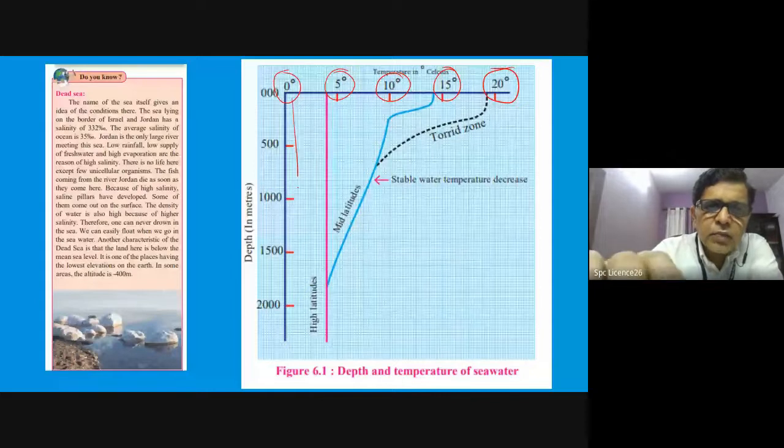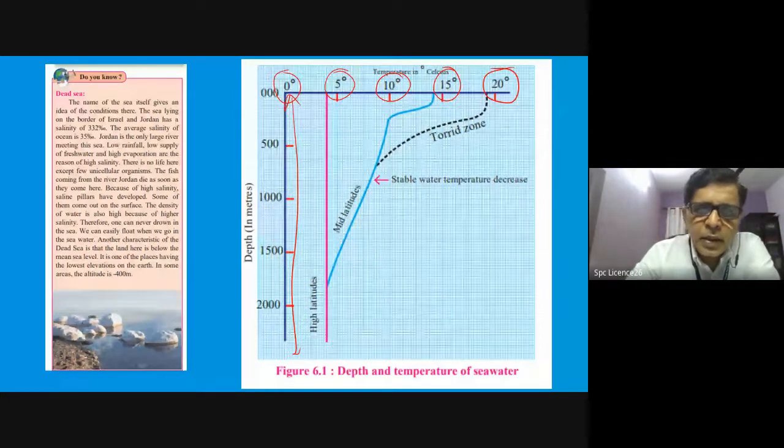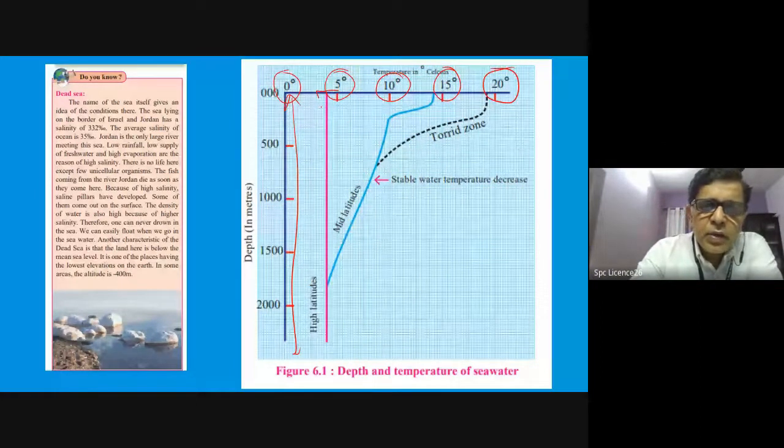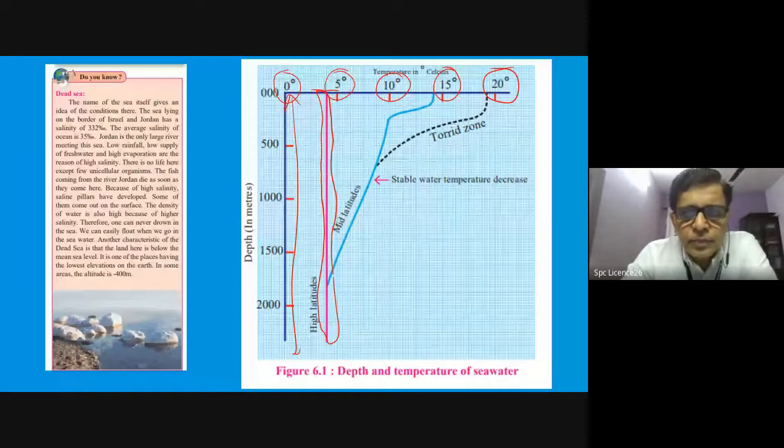In high latitudes, the temperatures are around 4 degrees, where we know water behaves with what is called the anomalous behavior of water at 4 degrees.